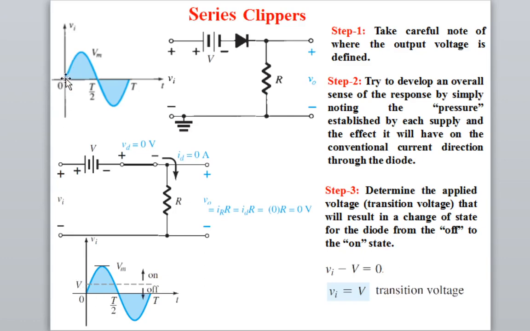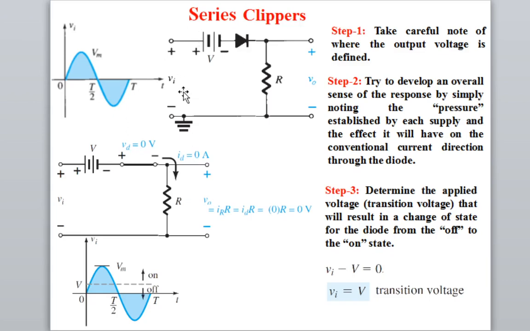So for the sinusoidal signal, from 0 to T/2 it is positive, from T/2 to T it is negative, and the maximum peak voltage is Vm. This input signal is connected with a series diode, so that is why this is a series clipper. But I have made one change in the circuit. Before this diode, there is a battery.